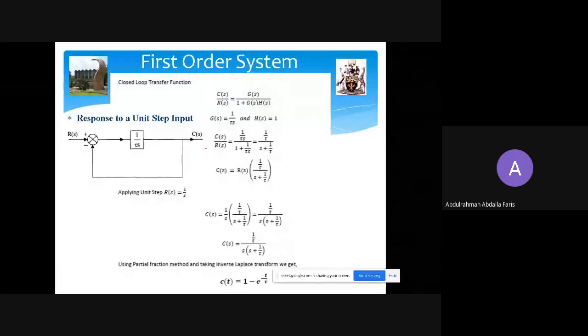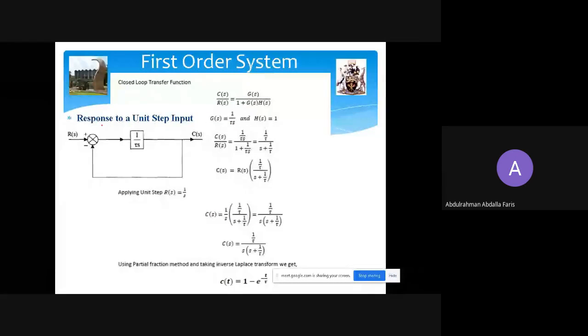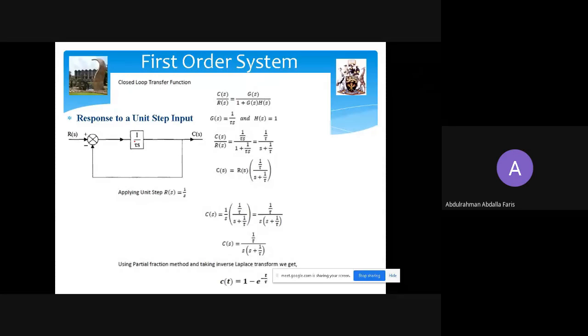As an example, this is a first order closed loop feedback system. You have 1 over Ts as the forward gain, and the feedback loop is actually 1, because whenever you are told this is a unity feedback, it means H(s) is 1.